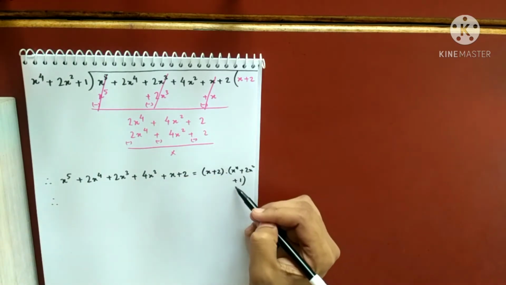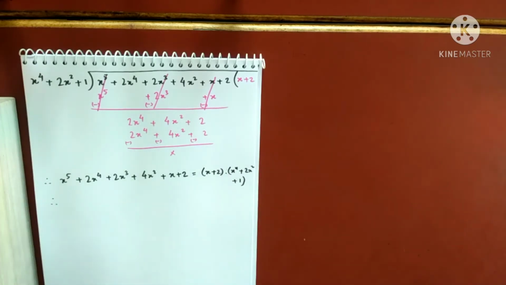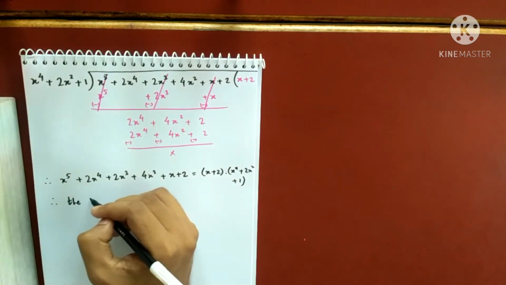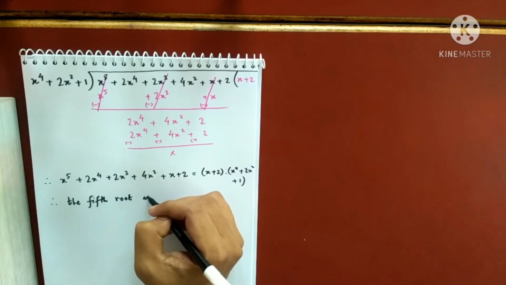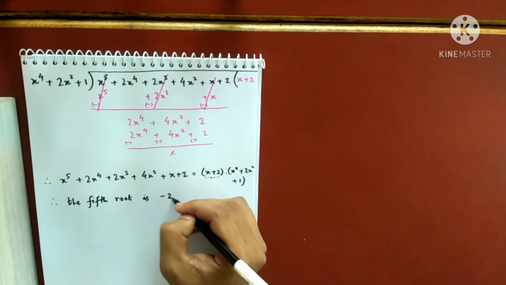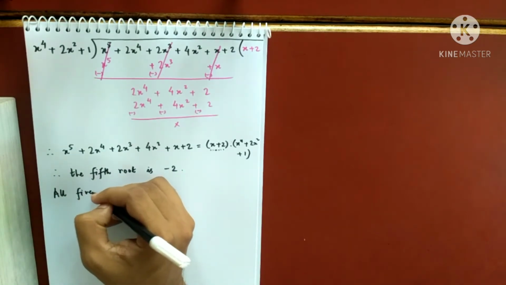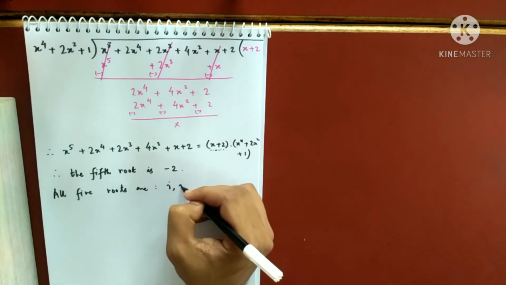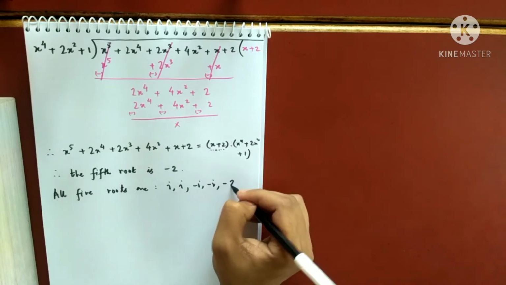If the second one is equal to 0, I'll get the 4 roots which I have already calculated, i and minus i, each twice. So the fifth root, if we equate the first factor to 0, is x equals minus 2. So what are the 5 roots? i 2 times, minus i 2 times, and minus 2.